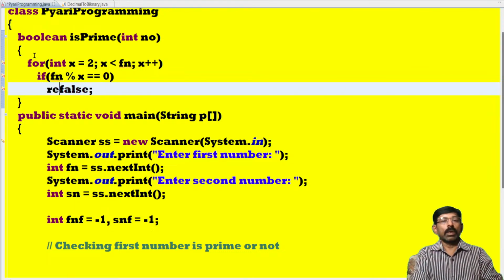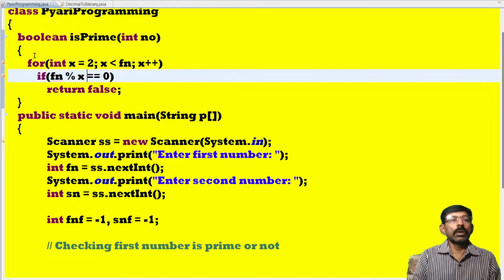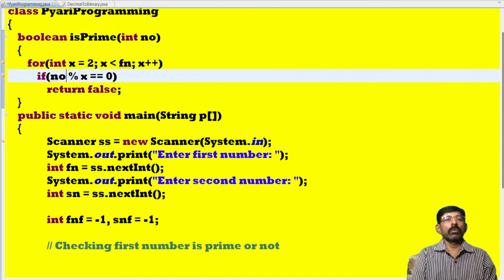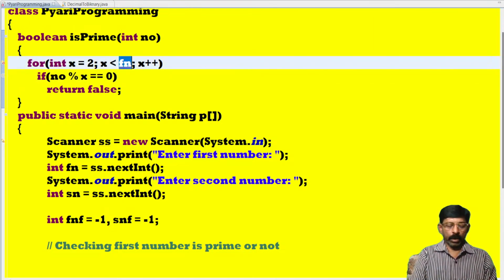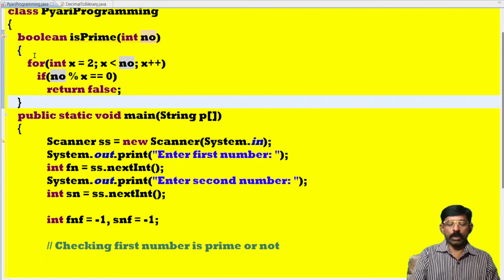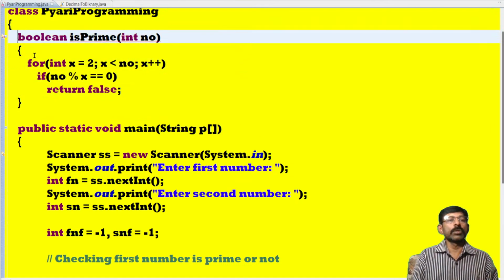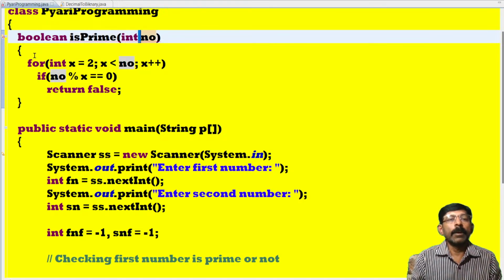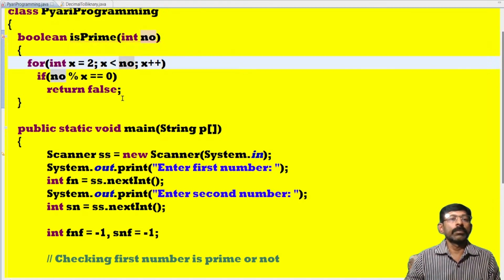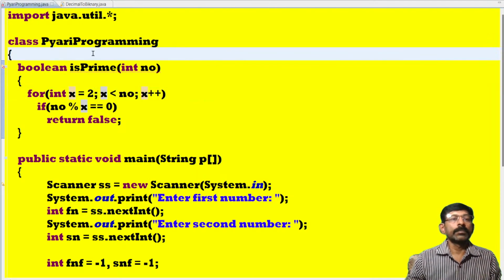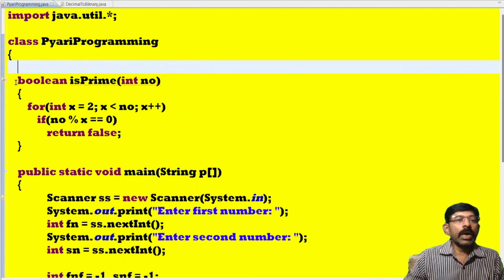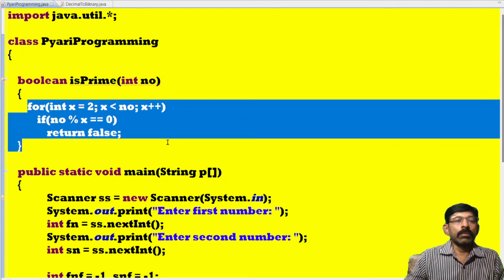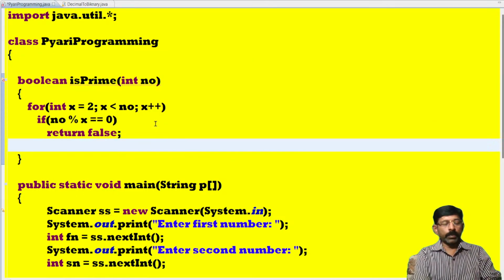And here it should be no. So I'm simply creating a method whose return type is boolean. Method name is isPrime, and it is taking a parameter that is number, inside which I'm just checking whether it is a prime number or not. If I come out of the loop, I will say return true.